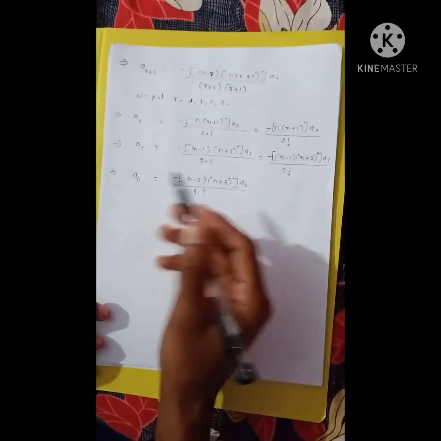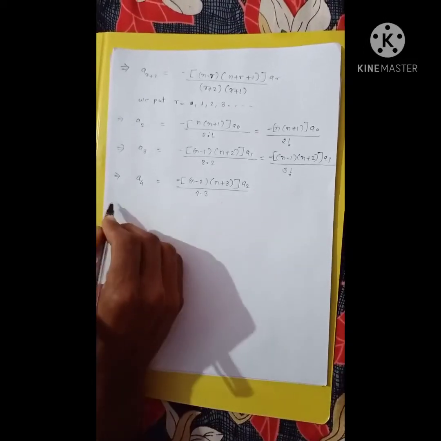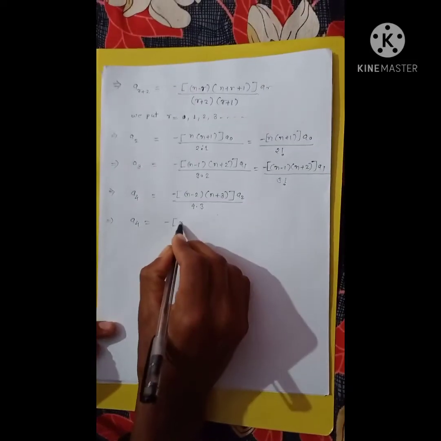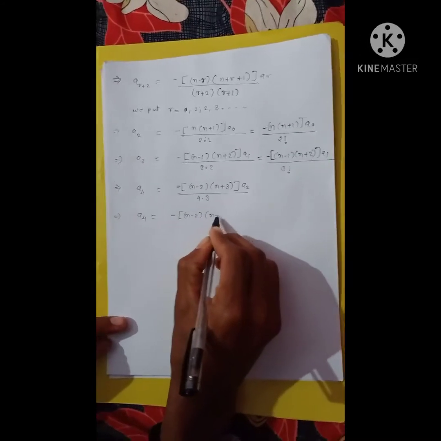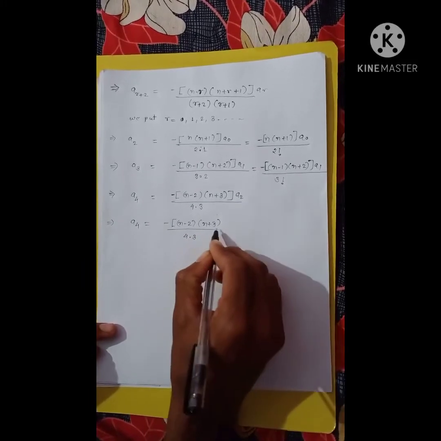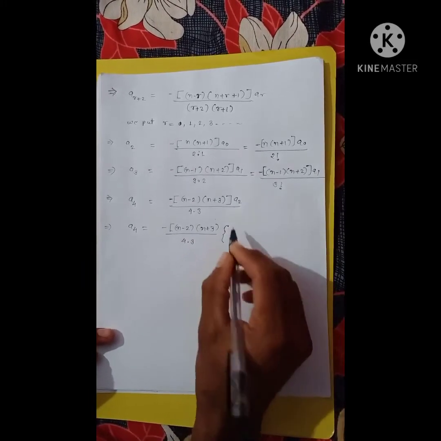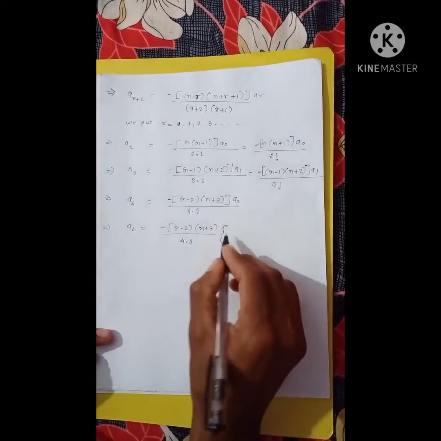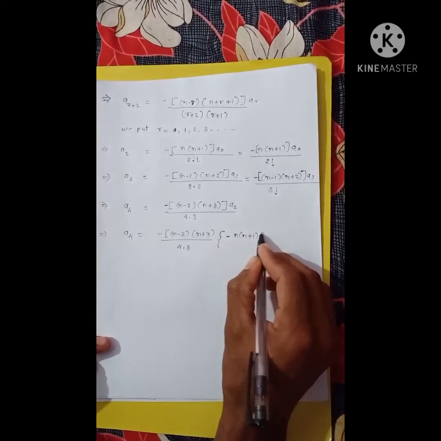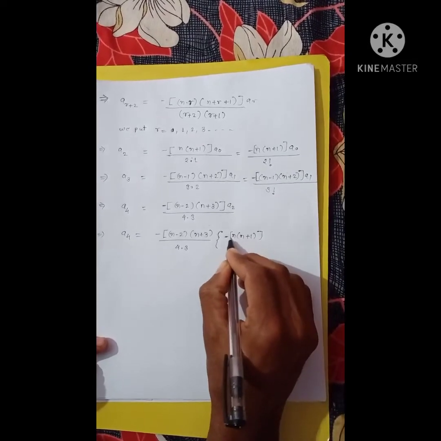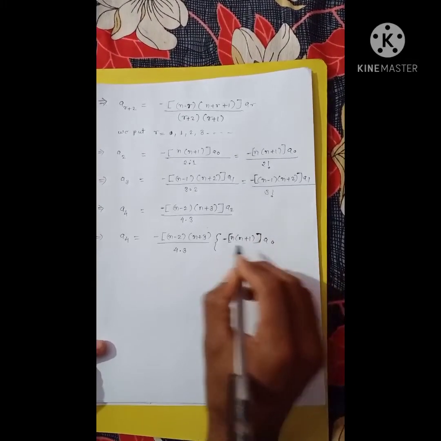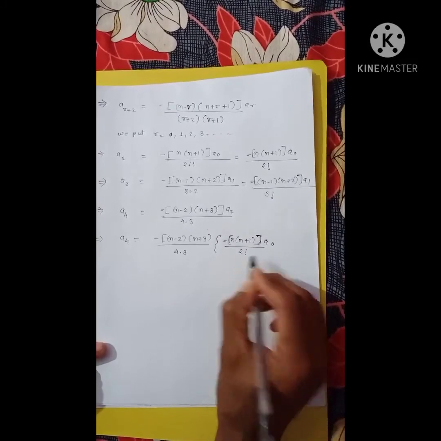Now we can substitute here the value of a2. So a4 is equal to minus (n minus 2) into (n plus 3) upon 4 into 3. And what is the value of a2? This is the value of a2: minus n into (n plus 1) a0 upon 2 factorial.